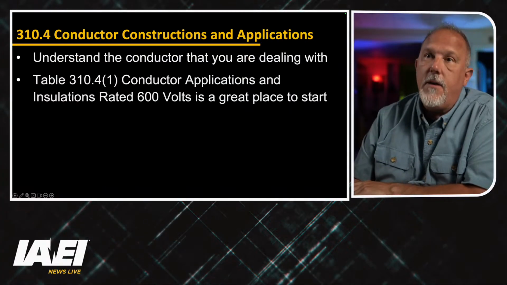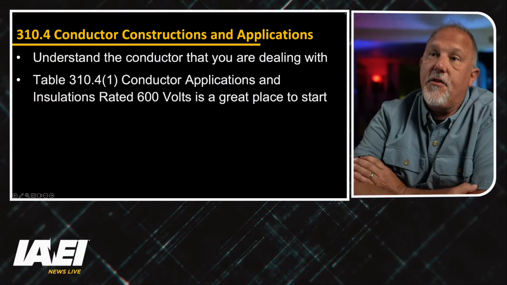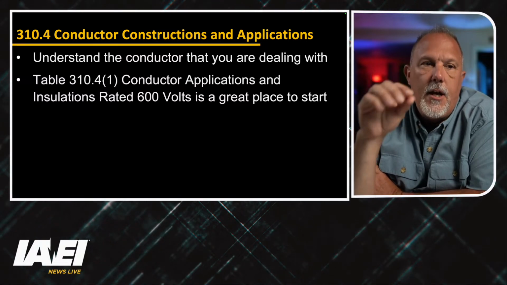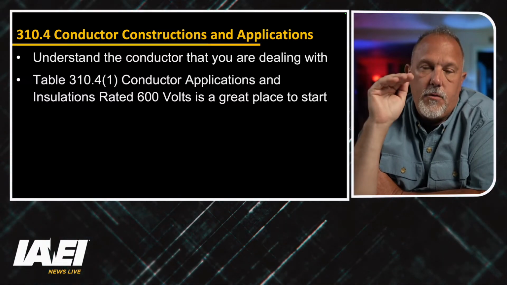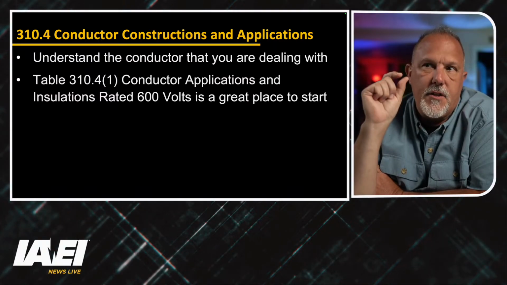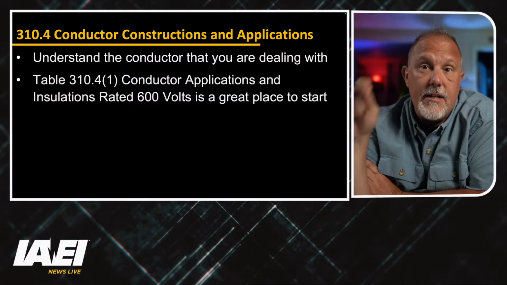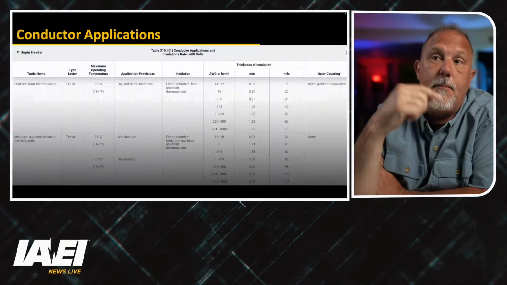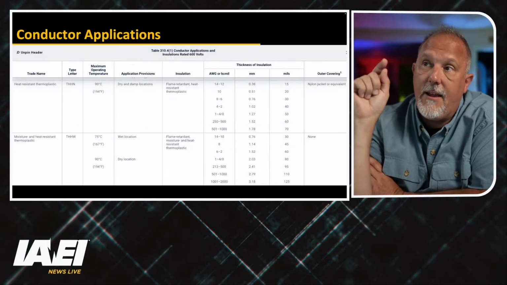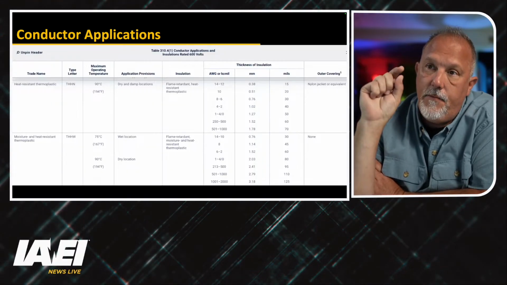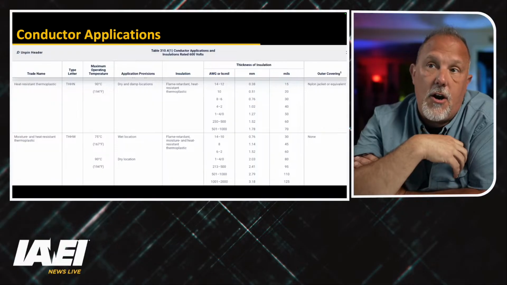All right, so 310.4 is a very important section in your journey for determining the capabilities of the circuit, because we have to understand what conductor we're using and what the capabilities of that conductor are. So if you look at table 310.4(1), I highlighted just two of the common ones.